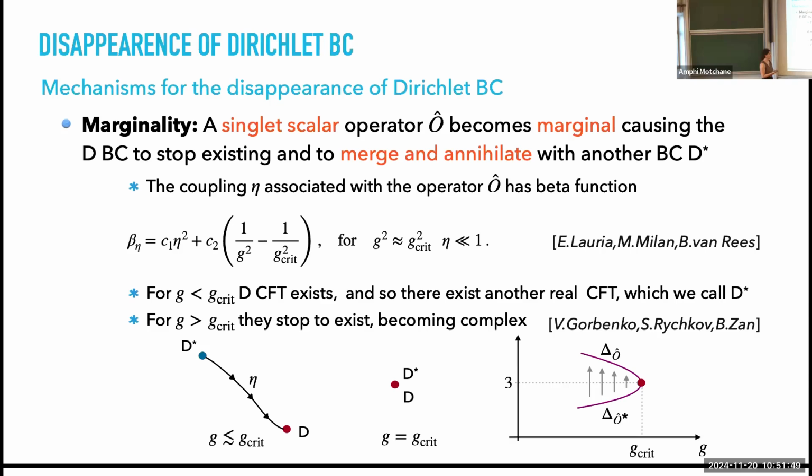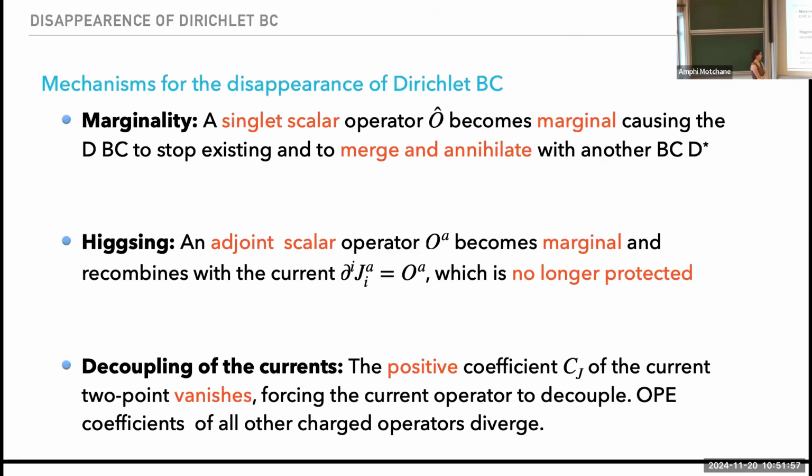Okay, so this is one possible scenario: marginal annihilation of the Dirichlet boundary condition with another boundary condition. There are two other possible scenarios. First, an adjoint scalar operator becoming marginal.